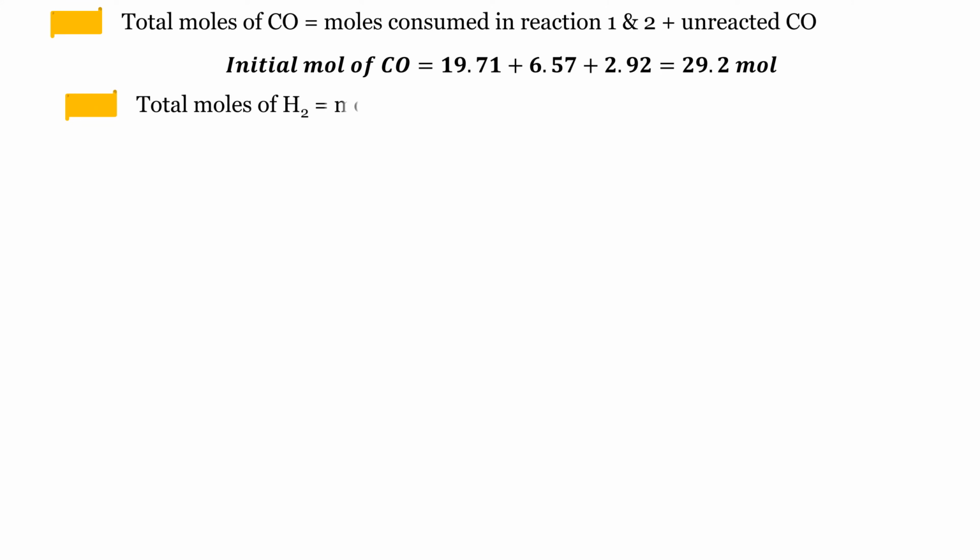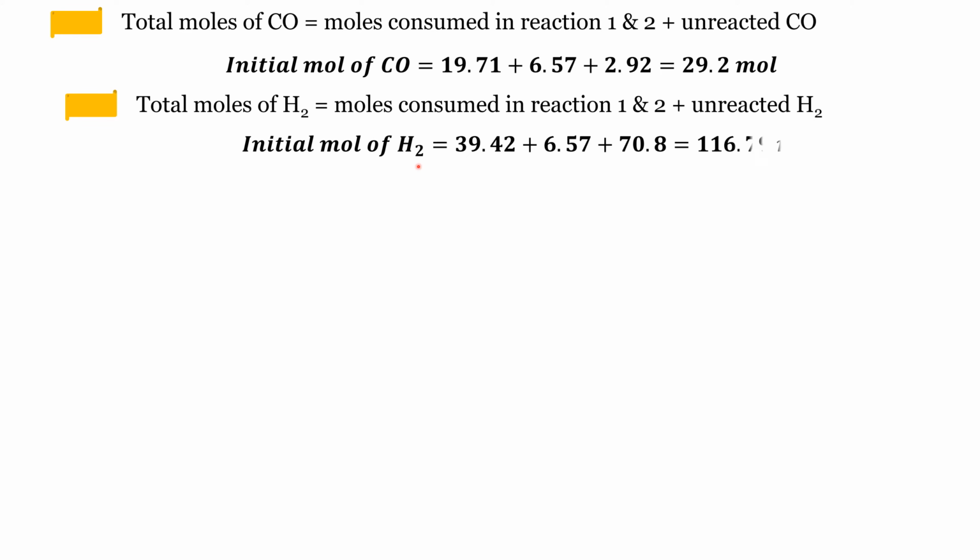Now in the same way we can find out the total moles of H2. It will be equal to moles of H2 consumed in reactions 1 and 2 plus unreacted moles of H2. So initial moles of H2 will become equal to 116.79 moles.